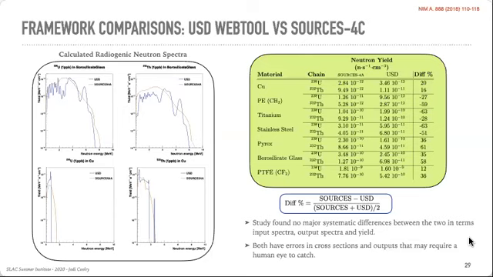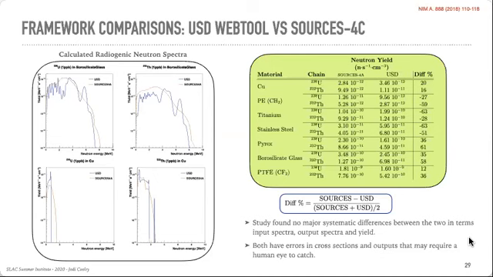In the end, we found no major systematic differences between the two in terms of their spectra and yield, but both of them have cross-section errors. Some of their outputs, to see these sorts of errors and problems, really require a human eye to catch.